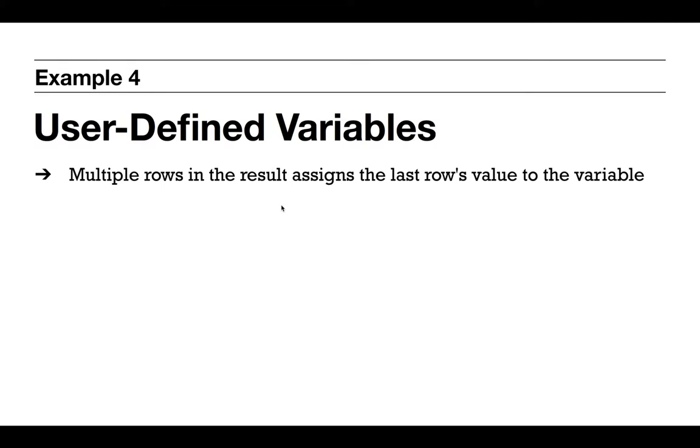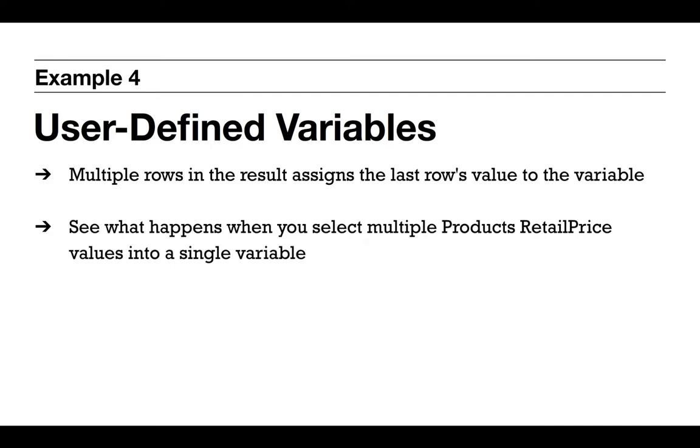So what happens if you run a select query, but there are multiple values in the results? Because right now we've been running queries where there's only one row in the result set. Well, if you assign a variable with a query that has multiple rows, it's going to just use the last row's value.